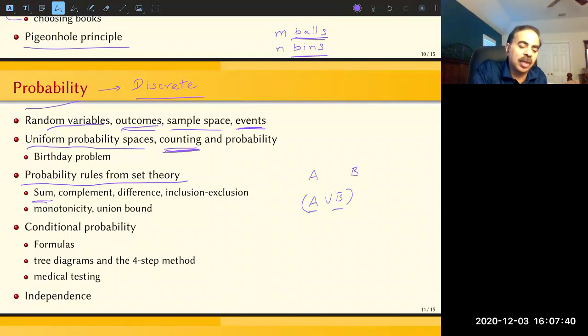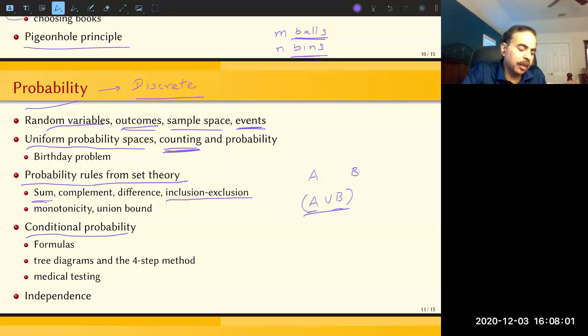If A and B are disjoint, then we can simply add the sizes of A and B. If A and B are not disjoint, then we end up applying something like the inclusion exclusion principle to find the size of A union B, right?